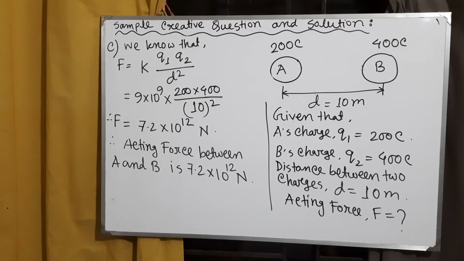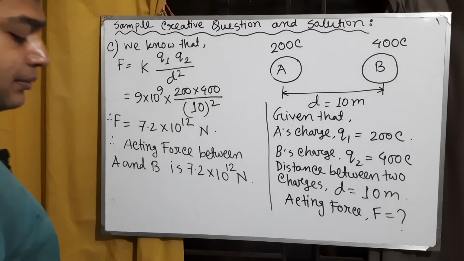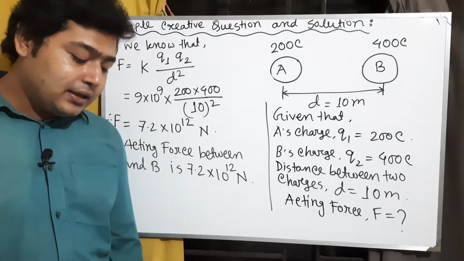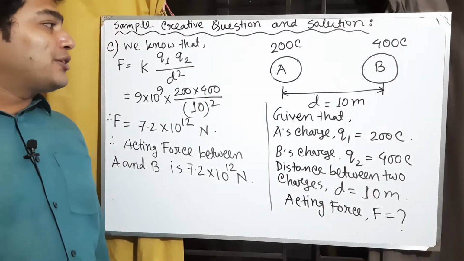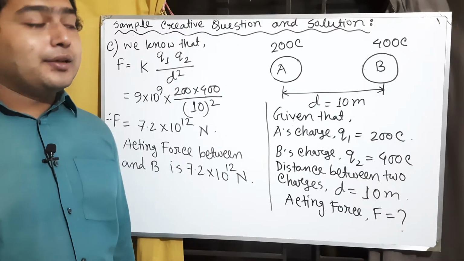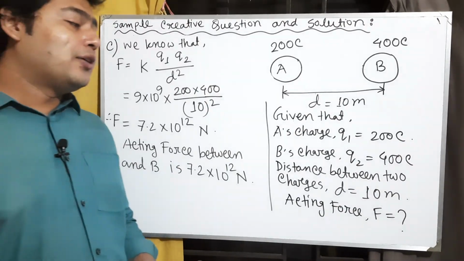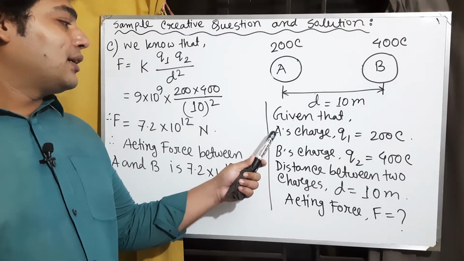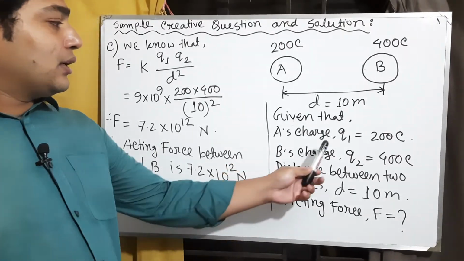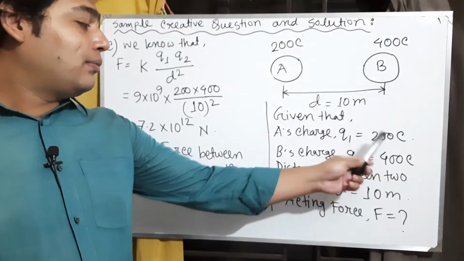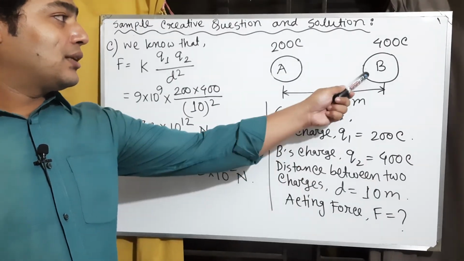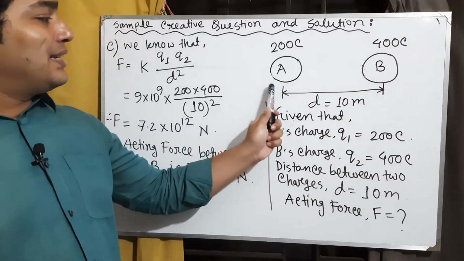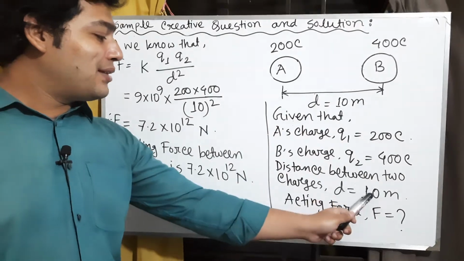So, my dear boys, now we will calculate question number C. Here the question is, determine the acting force between A and B. From our given stem, A's charge Q1 equals 200 coulomb, B's charge Q2 equals 400 coulomb, and the distance between them is 10 meters.